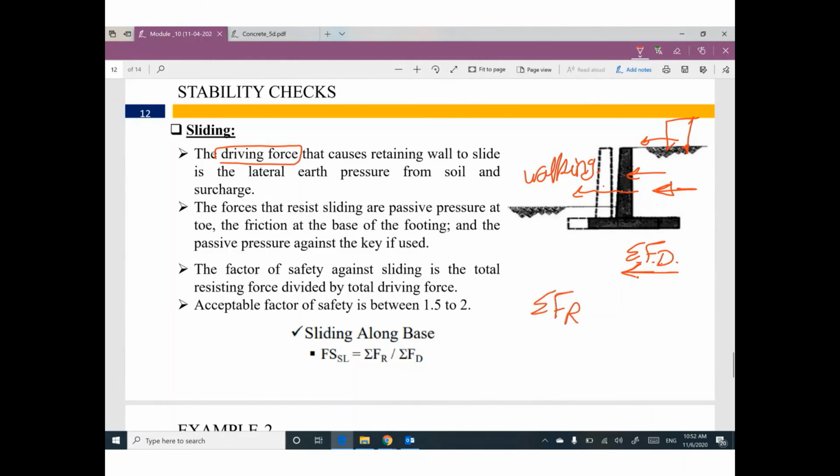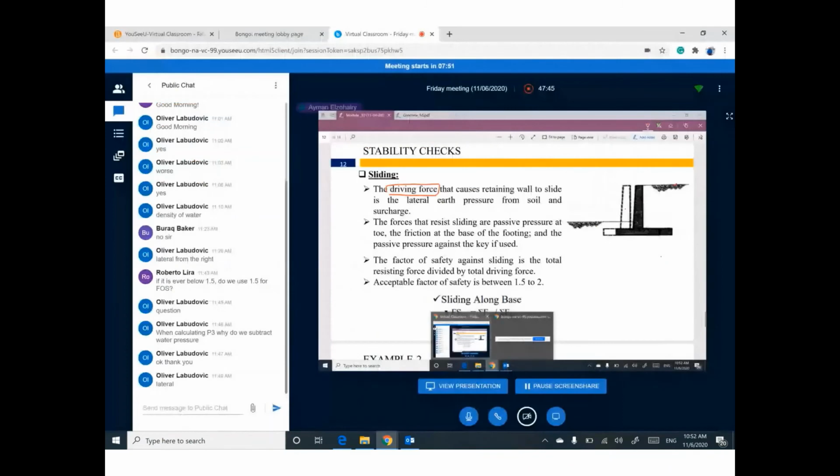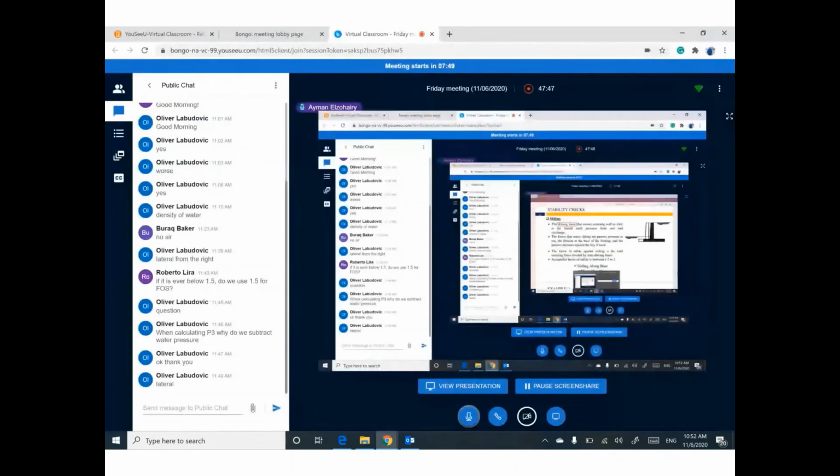Can you tell me which force is supporting sliding? Do you know which one? Sliding. Which one will support sliding? Lateral, which lateral? Yeah, I agree with you.